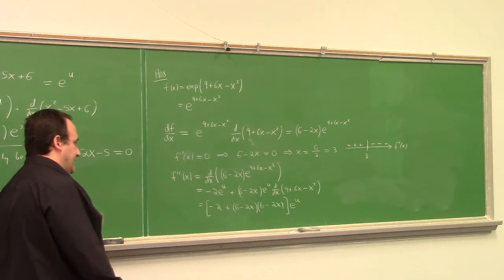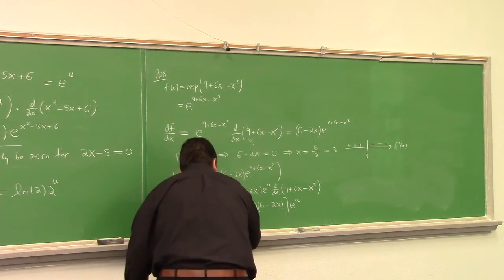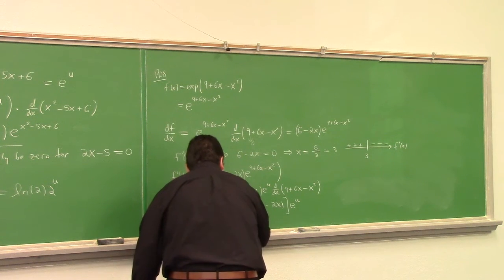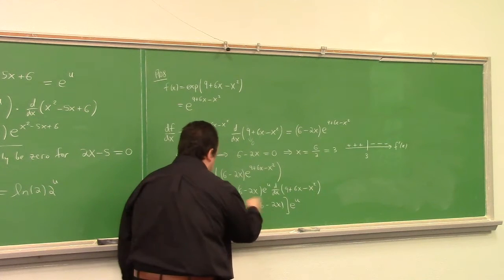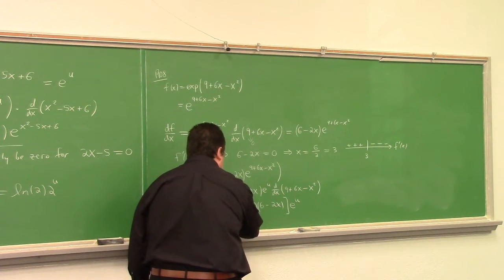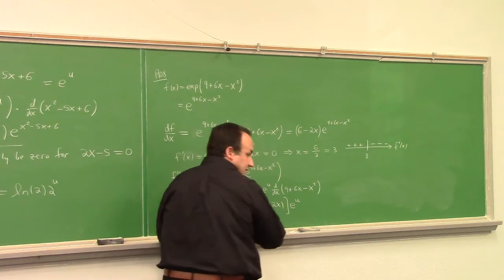And then we've got to multiply that thing out. So 36 minus 2, which is what? 34, right? Do you guys agree? 34 is the constant. I've got a minus 12 and another minus 12, so minus 24.